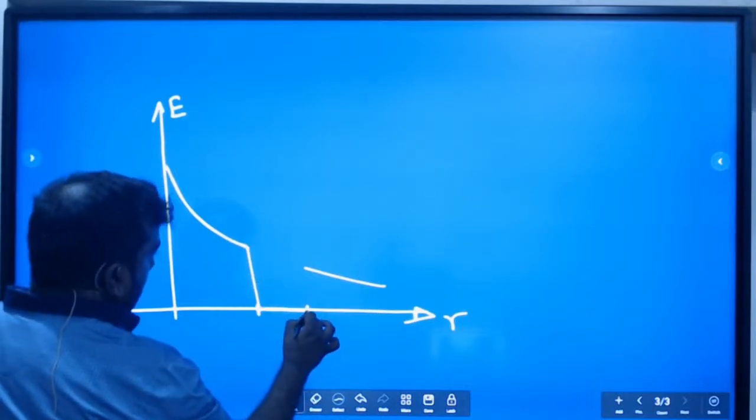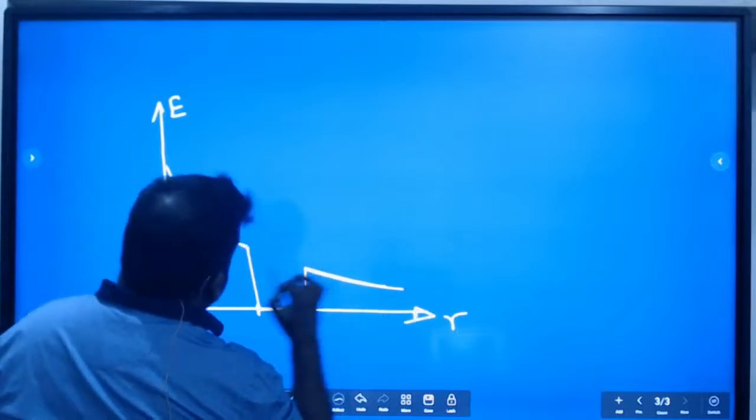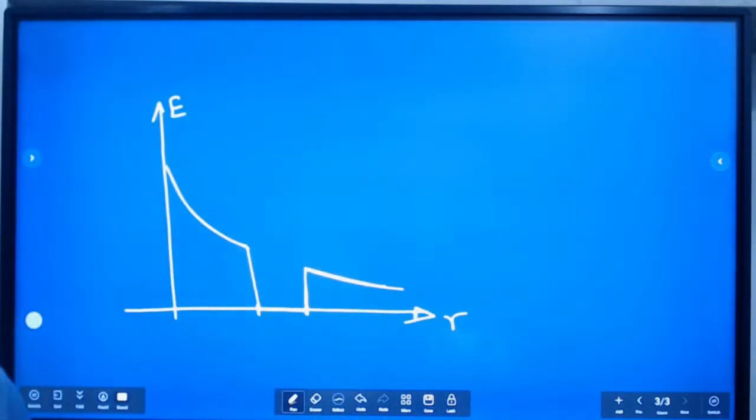Suddenly the electric field there becomes 0. This is your variation. Clear?